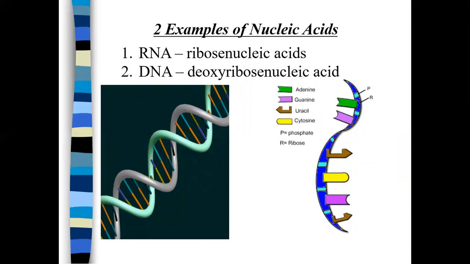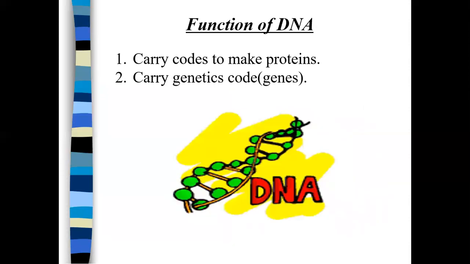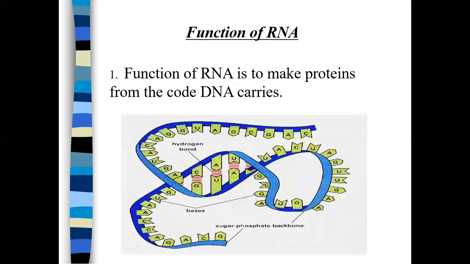Similarly, RNA comprises a single chain, while DNA consists of two chains that coil and twist on each other, just like a ladder, as shown in this diagram. Function of DNA: carry codes to make proteins, carry genetic codes. Function of RNA is to make proteins from the code DNA carries.